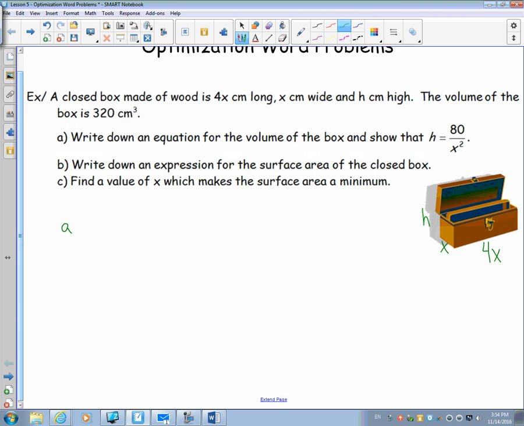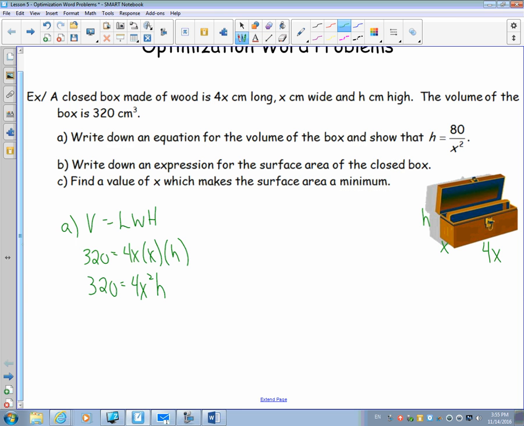And we know we can build an equation for volume. That should be length, width, height. In our case, 320 equals 4x times x times h, which you can simplify into 4x squared h. Okay, so part A says write down an equation. Well, that's what we got there. And then show that h equals 80 over x squared.